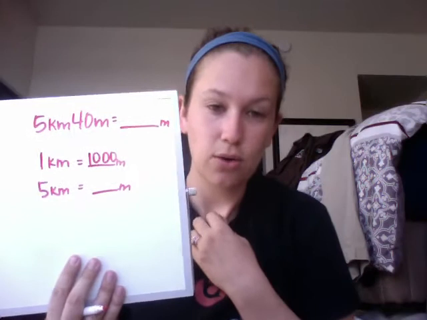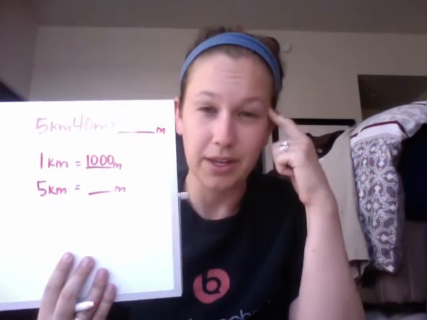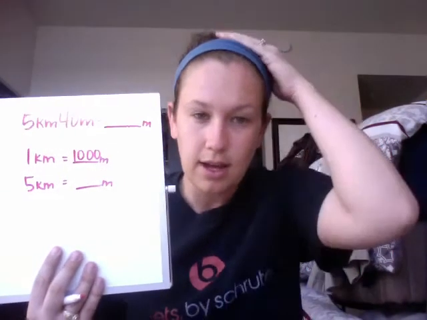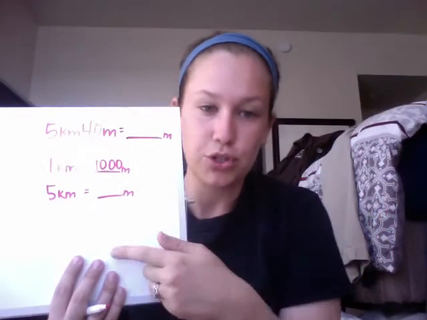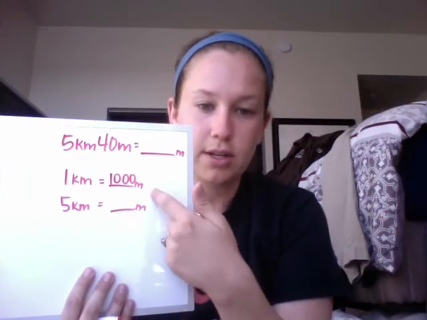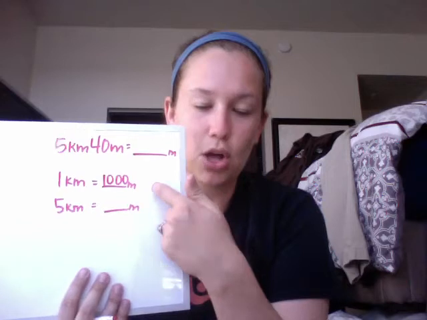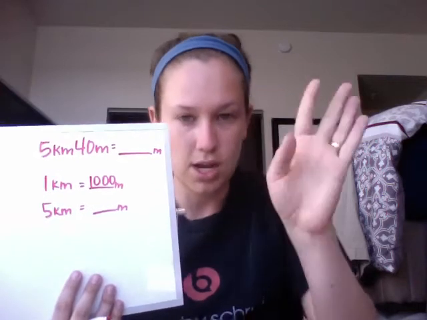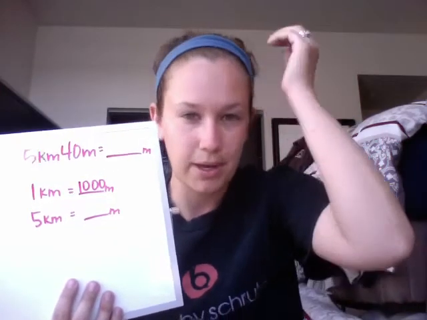So then I could either draw a diagram, or I can remember that I'm going to multiply, because I'm going from a larger unit to a smaller one. You're going from large to small, you multiply. We'll talk about the other way around in a second, but I bet you have a good guess that you're going to divide.